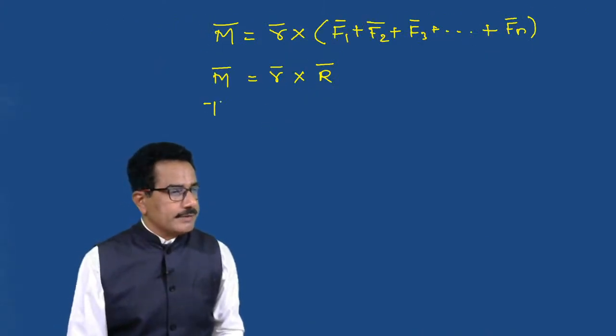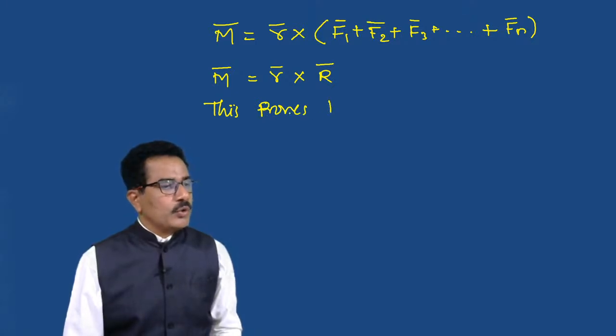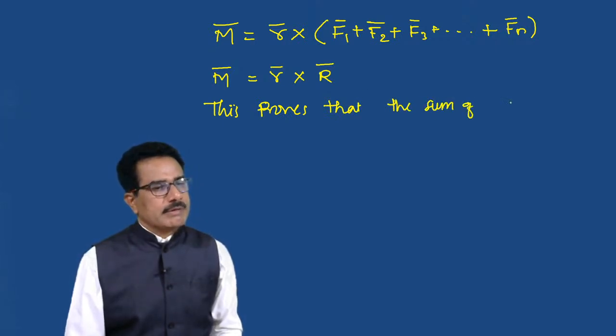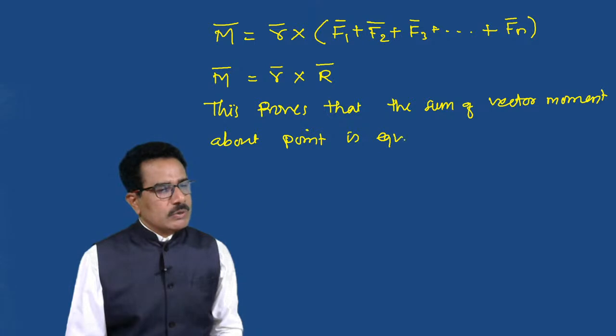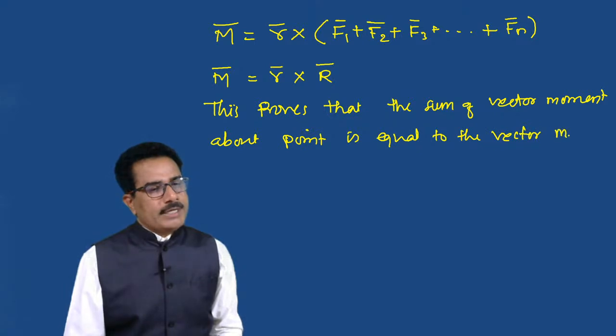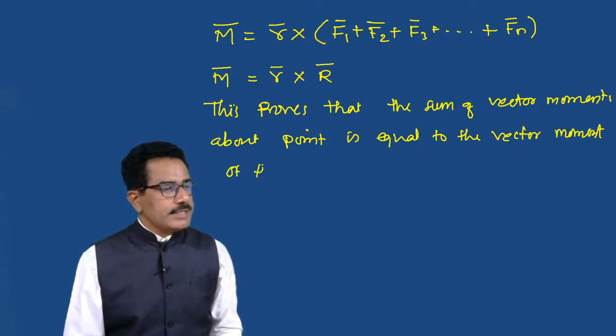This proves that the sum of the vector moments about a point is equal to the vector moment of the resultant. And hence proved.